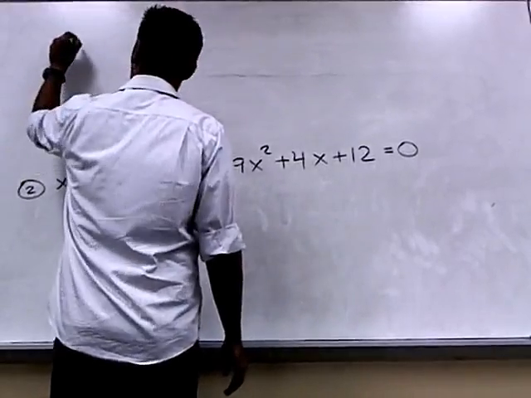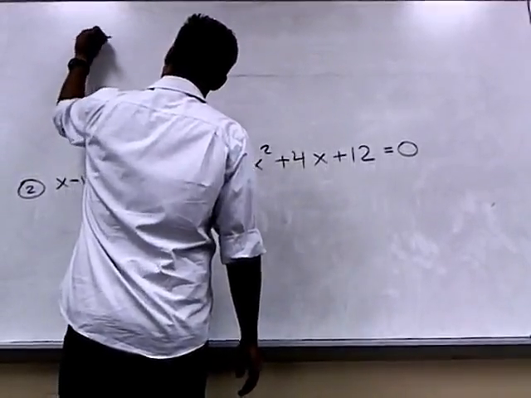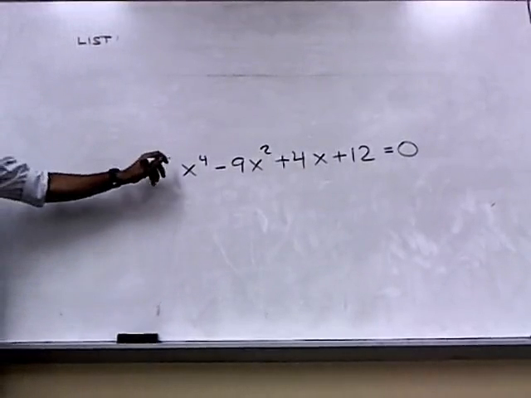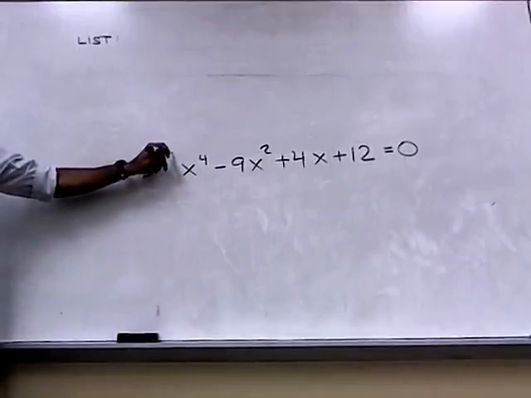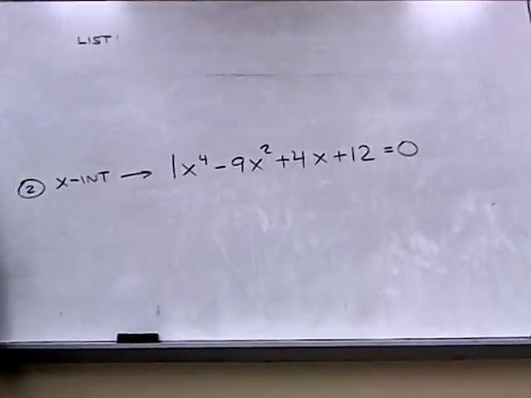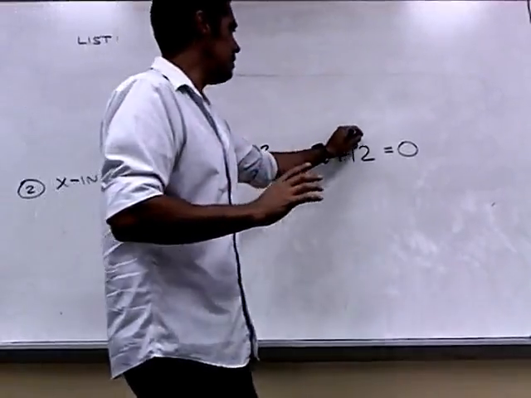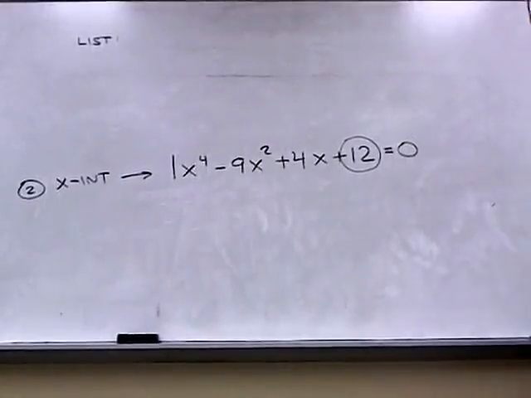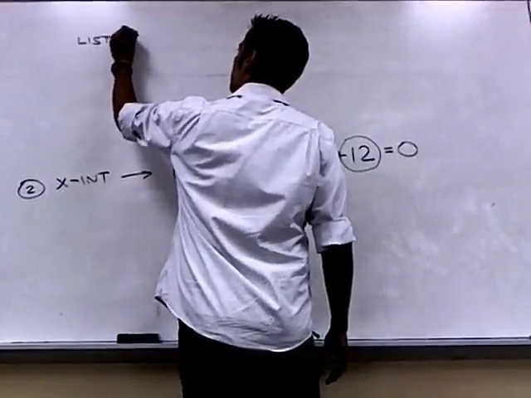So I'm going to come up with my list. Now, my list of possible candidates, because the number in front of the x to the 4th is a 1, right? Because it's a 1, I only have to look at the factors of 12. This was the good case. So what are the factors of 12? 1 and 12 itself.